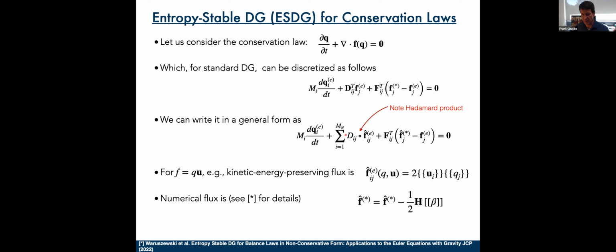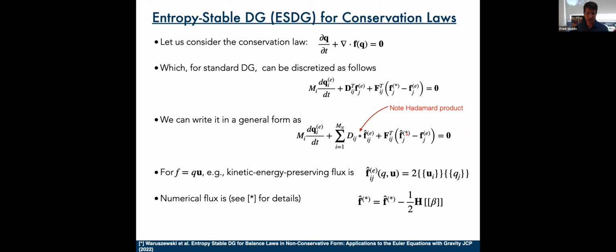So this one here is a volume integral. So you need to come up with a new flux, and I'll tell you how we do that. And that new flux is also then used in the surface flux, but with some dissipation included. And that's what I mean by F star here.